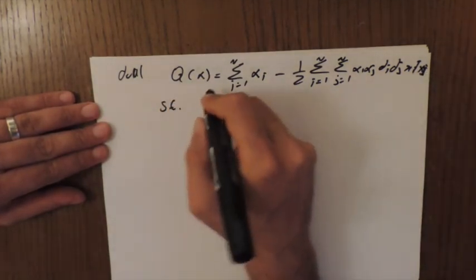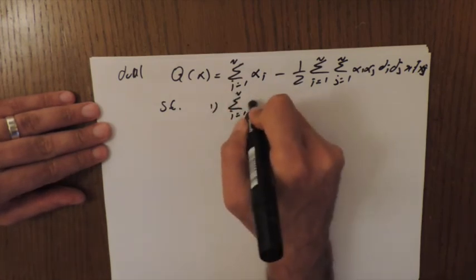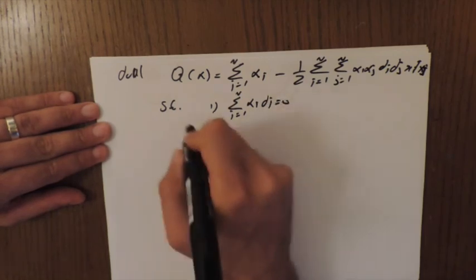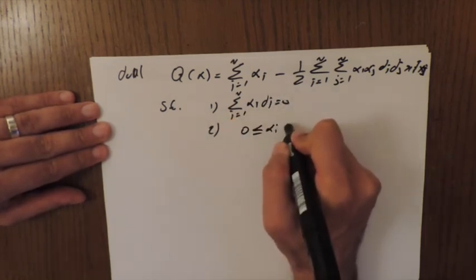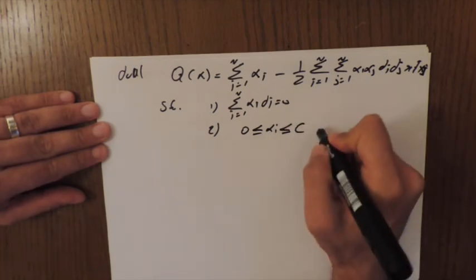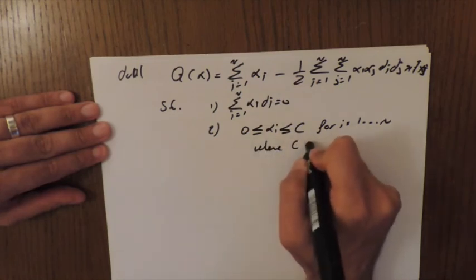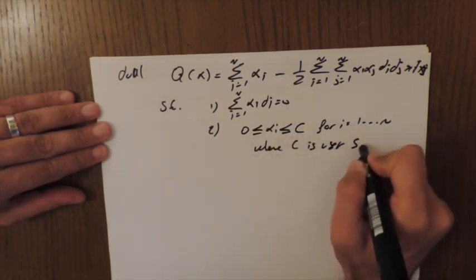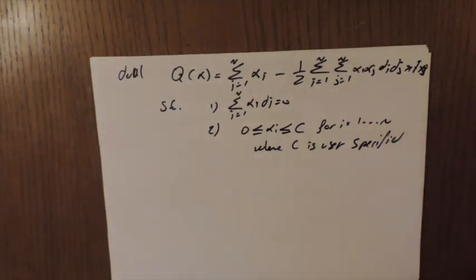This is subject to 1: summation i equal 1 to n alpha i di equals 0, and 2, this is the new condition, 0 ≤ alpha i ≤ C for i equal 1 to n, where C is user specified. So this is the new problem. As you can see, it's very similar to the normal problem, however we introduced the C parameter.